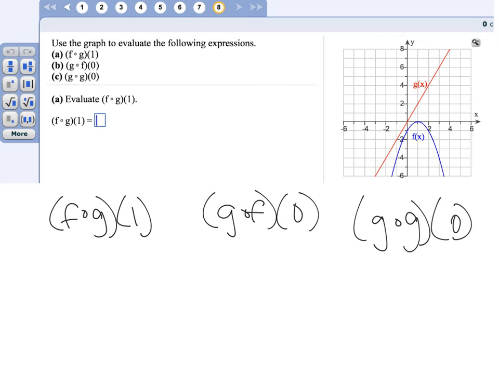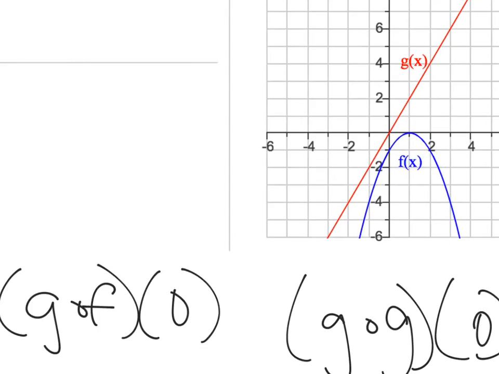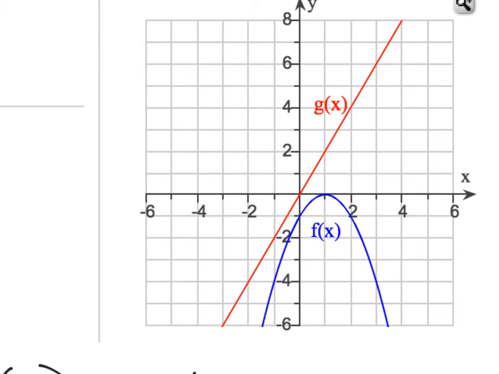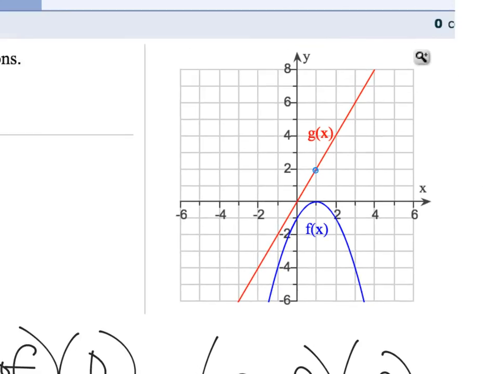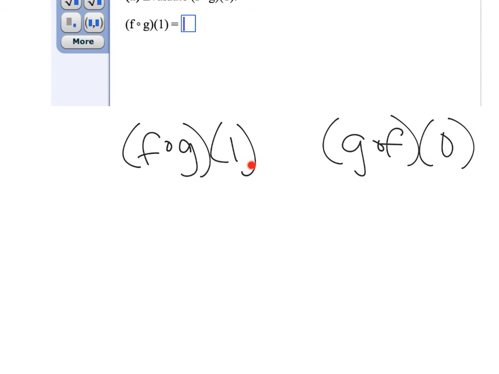Let's start with the first one. It says take 1 and put it into g. Here's the g line, so we take 1 along the x-axis, and the g value is right here. It's 2. So when I take 1 and put it into g, I get 2.